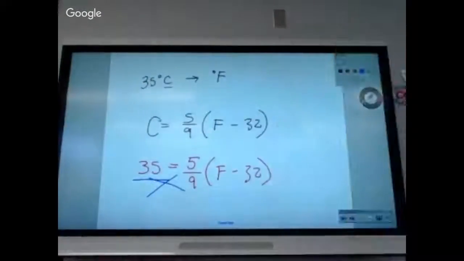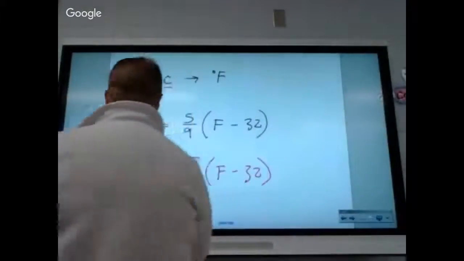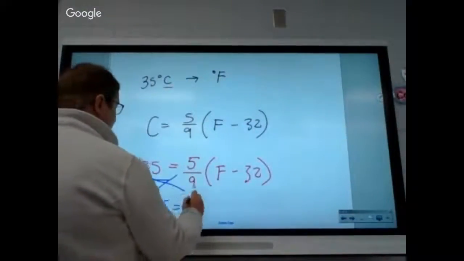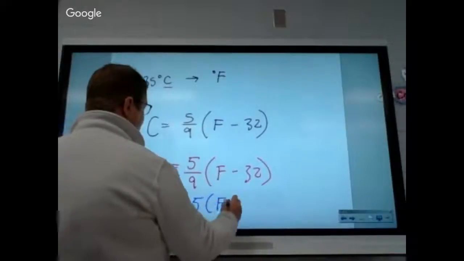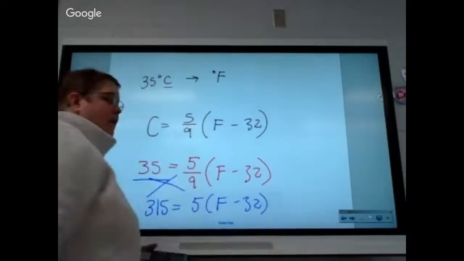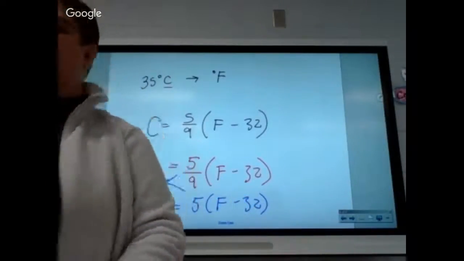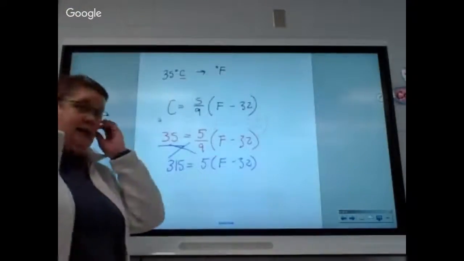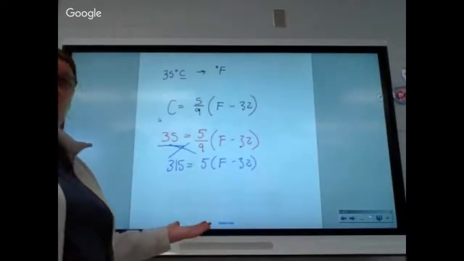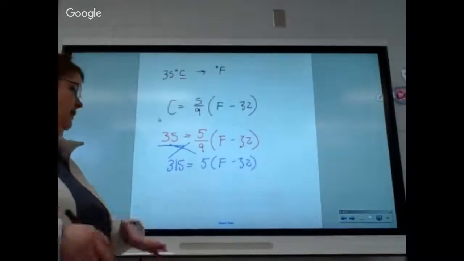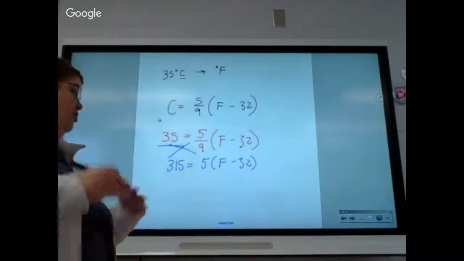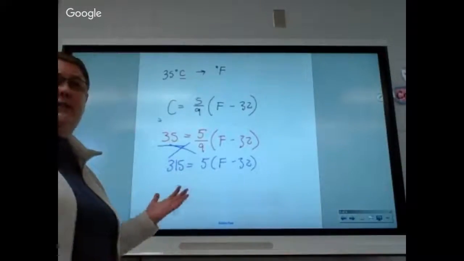9 times 35 is what? I have no idea, so I'm getting my calculator. I don't multiply with my head either. 315. 315 equals 5 times (F minus 32). Now my fraction's gone, and the vast majority of you can work that without any difficulty. You can choose to divide by 5, or you can distribute the 5 through the parentheses.